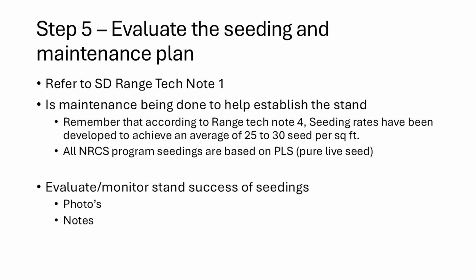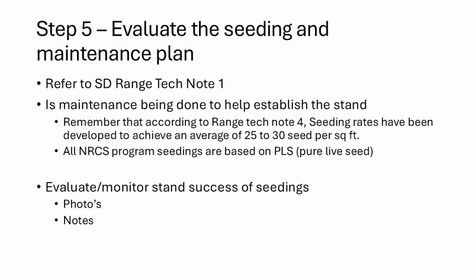All right, so we're down to step 5, and we're going to evaluate that seeding. We're going to refer to our range tech note 1. If you don't know how to evaluate a seeding, that helps you determine if your seeding is successful or not. Basically, we determine how many seeds per square foot are growing. Maintenance, is maintenance being done to help establish the stand?